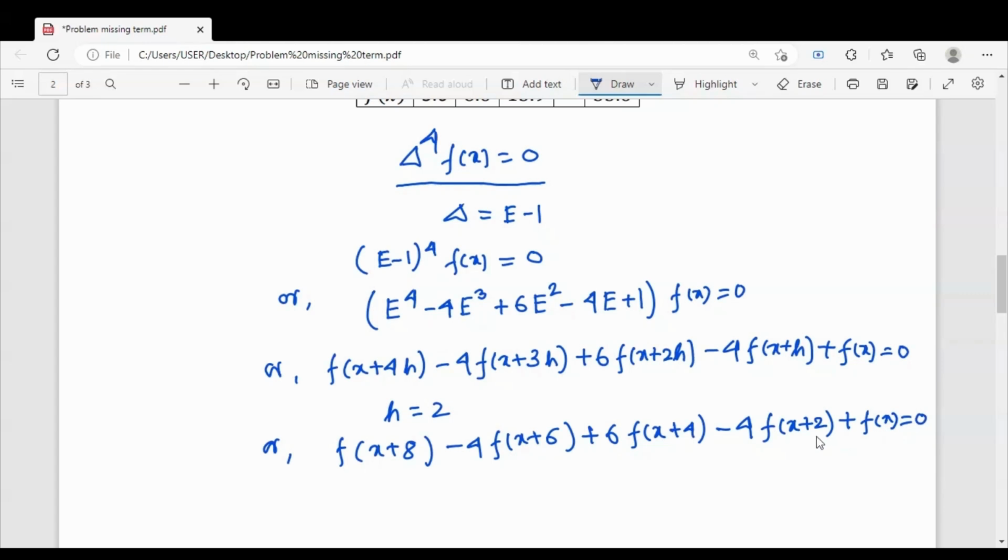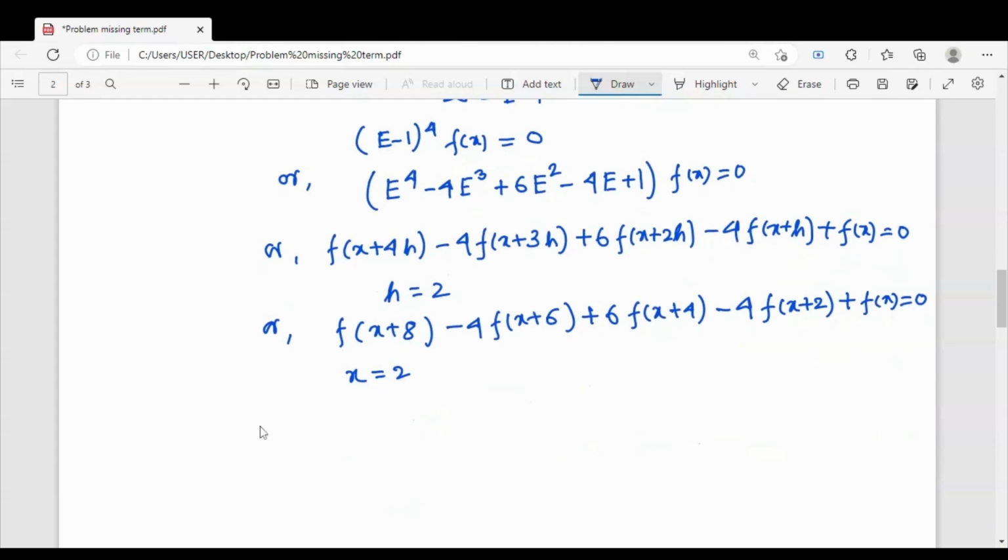Now you have to identify the initial value of x. For this problem, the initial value of x equals 2. So we put x equal to 2 in this relation, and we get f of 10 minus 4f of 8 plus 6f of 6 minus 4f of 4 plus f of 2 equal to 0.